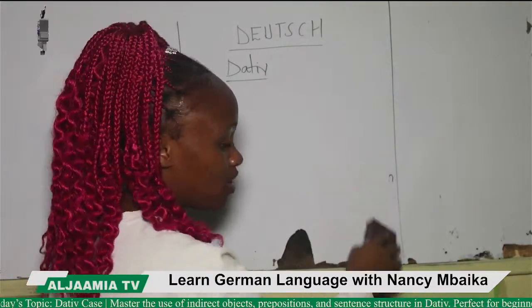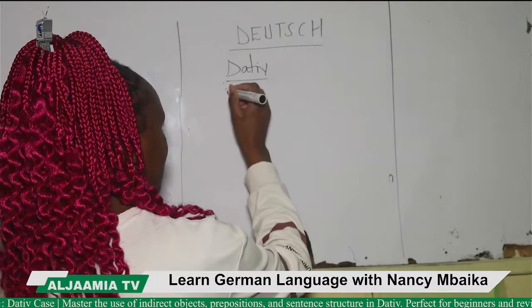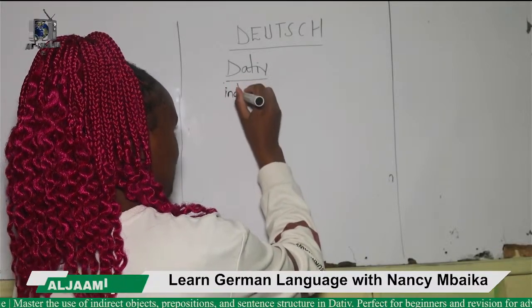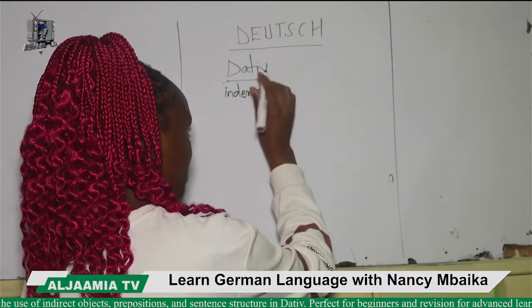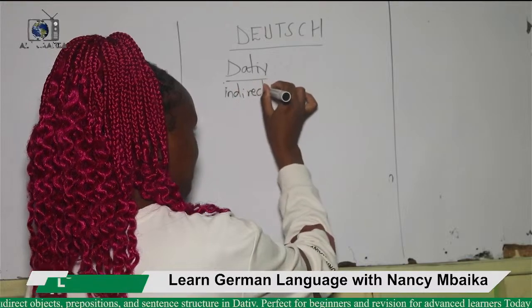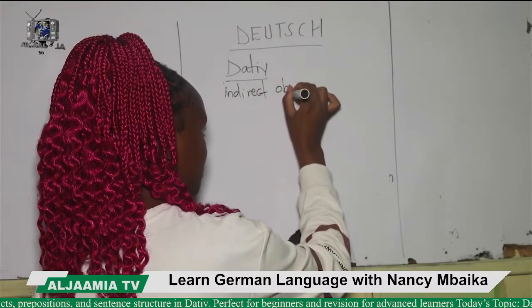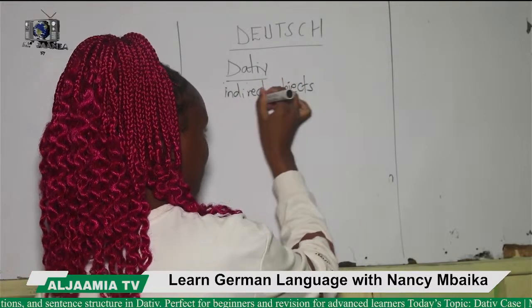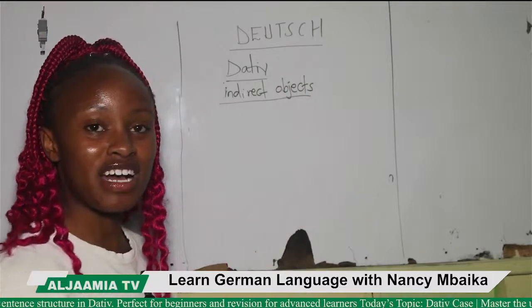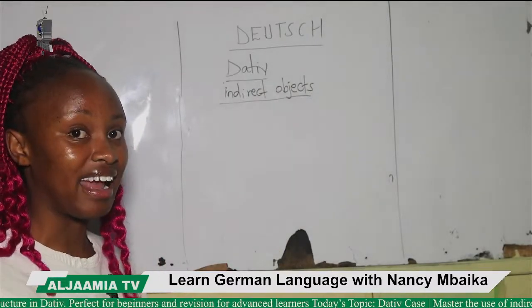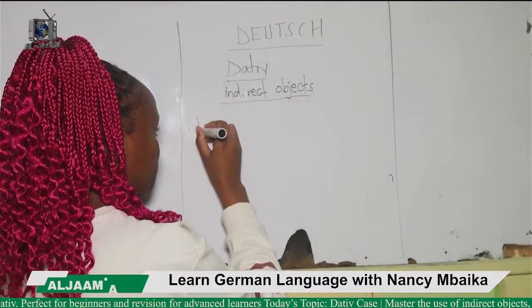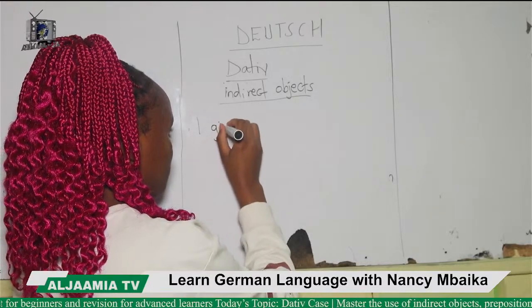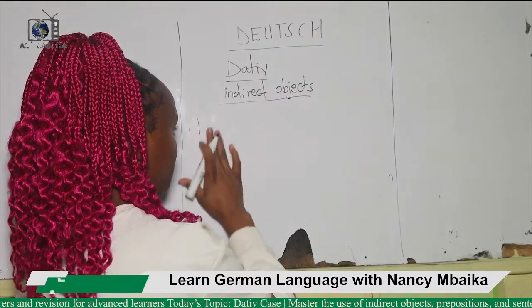And then you have a small subtitle there, indirect objects in a sentence. Let me just write indirect objects. So let me give you a sentence in English so that we analyze it.